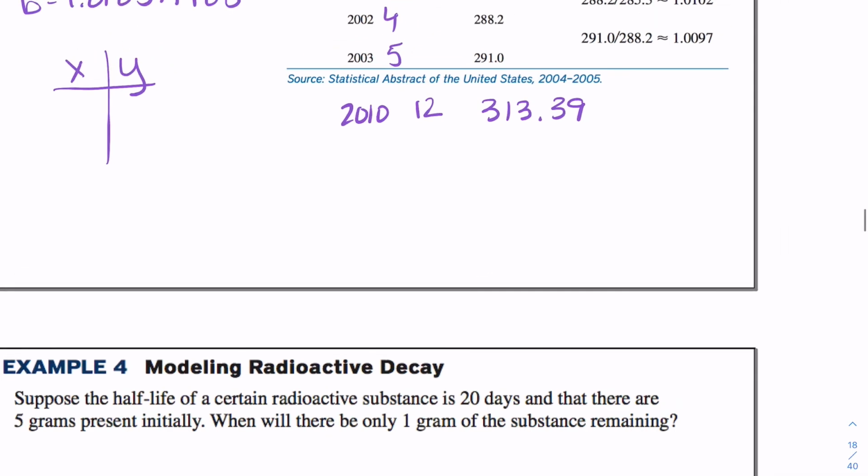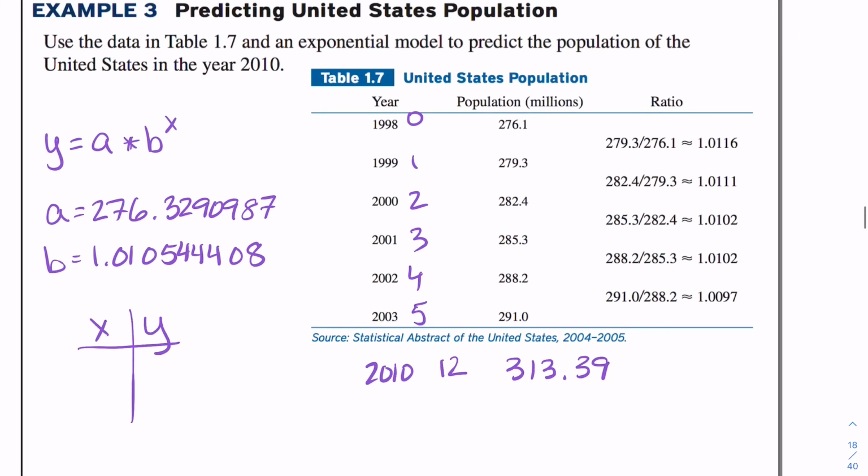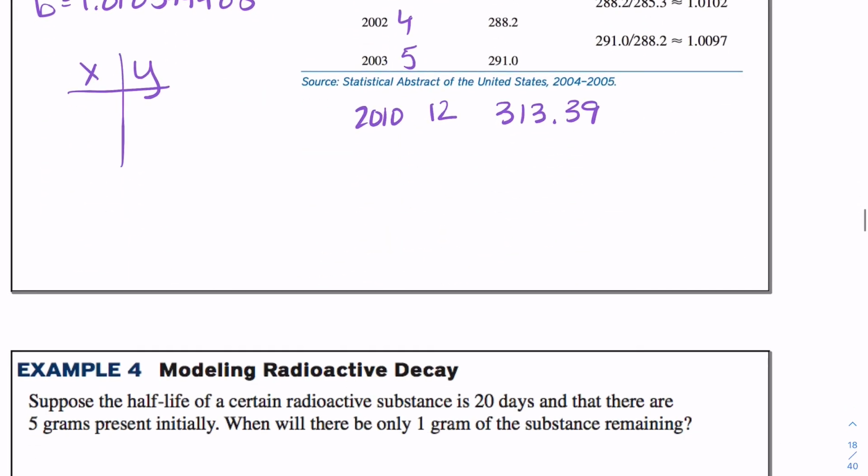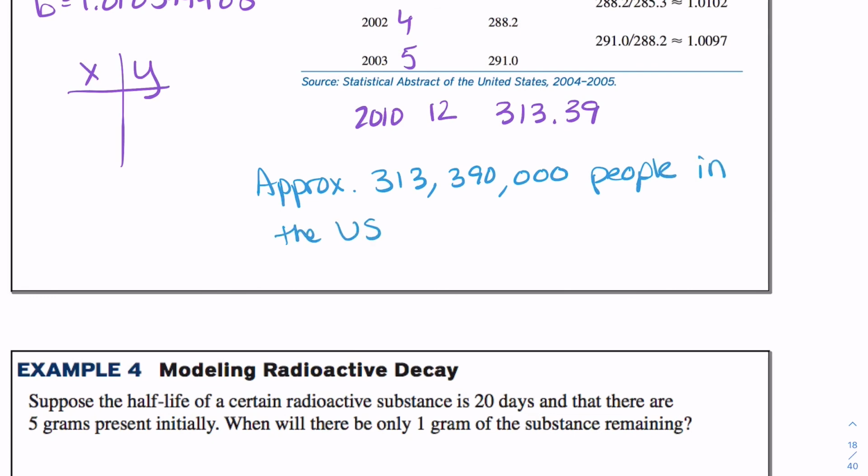So what this is suggesting is that there will be approximately 313,390,000 people in the U.S. in 2010.